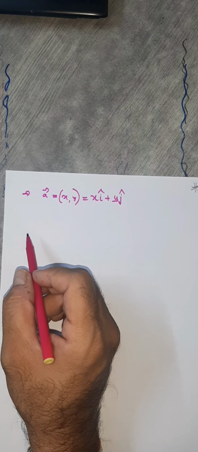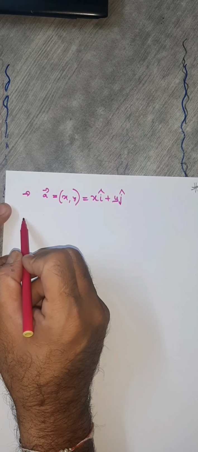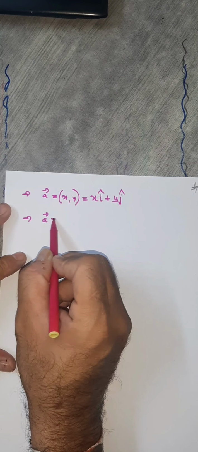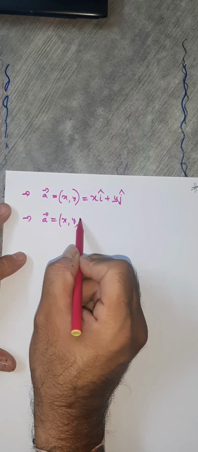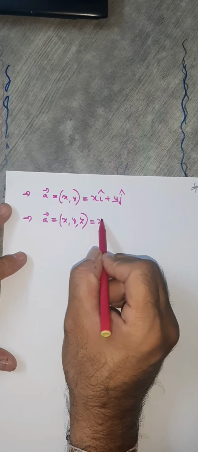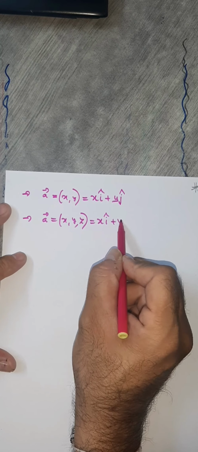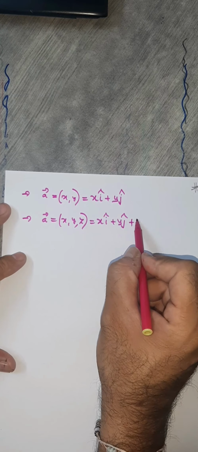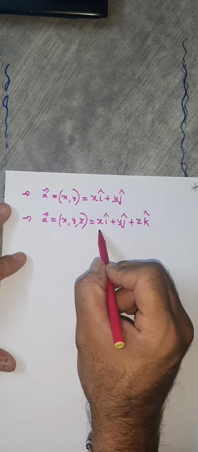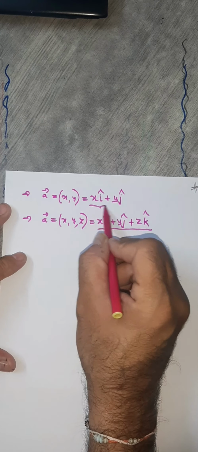And in the same way, in R3, if I have vector A equal to x, y, z, I can write x i cap plus y j cap plus z k cap. Right. We have this as well as this.